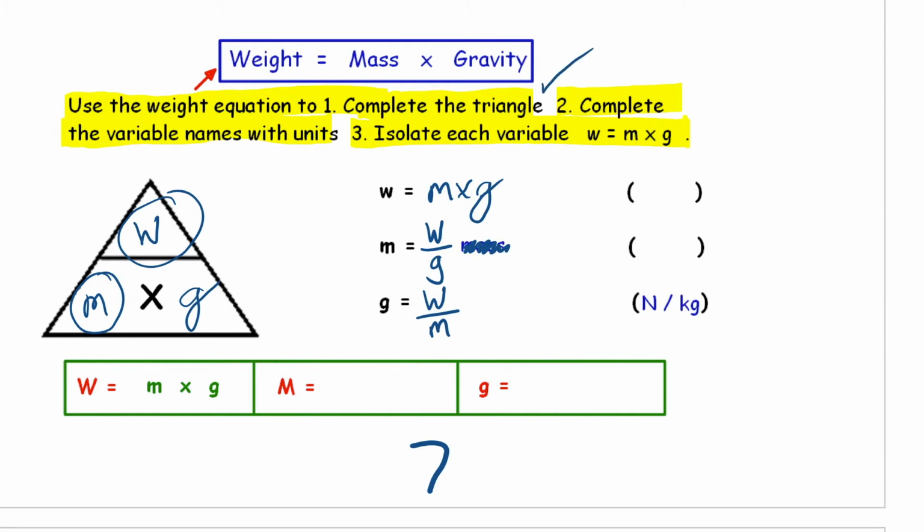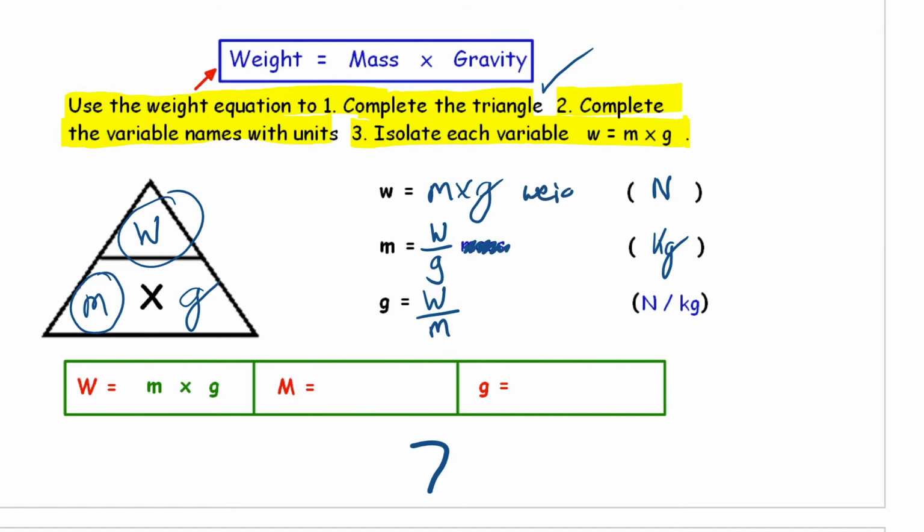Check. Complete the variable names with units. We haven't done the units. Weight is measured in newtons. Mass is measured in kilograms. I see what we should have done here. It's okay.